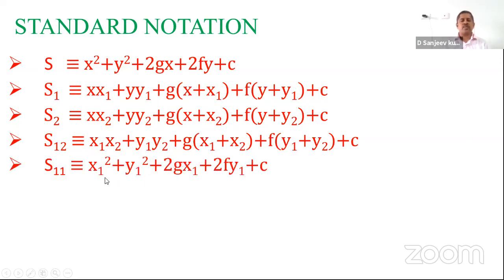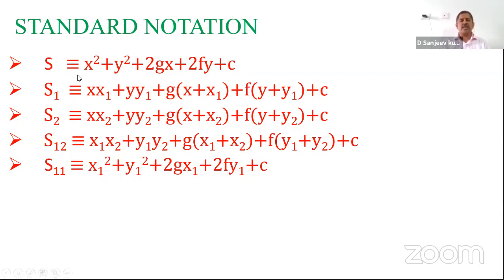Then another expression S11, x1 square plus y1 square plus 2g x1 plus 2f y1 plus c. Out of all these expressions, the first, the second and the last are the ones used widely in the entire circles topic hereafter.